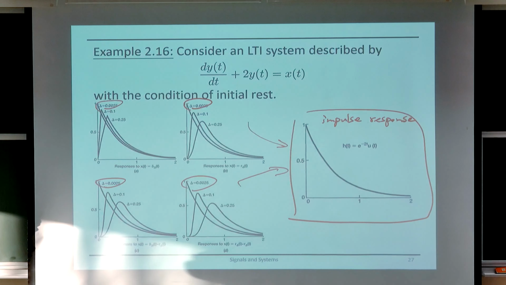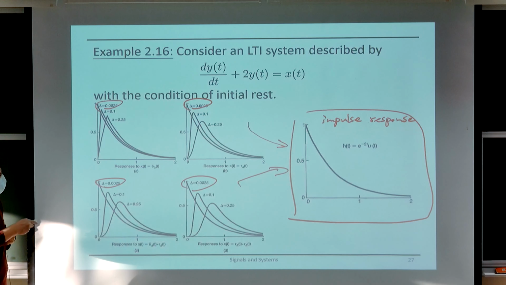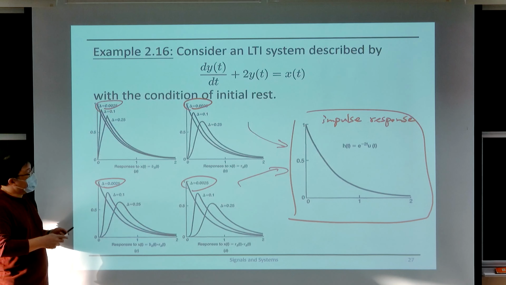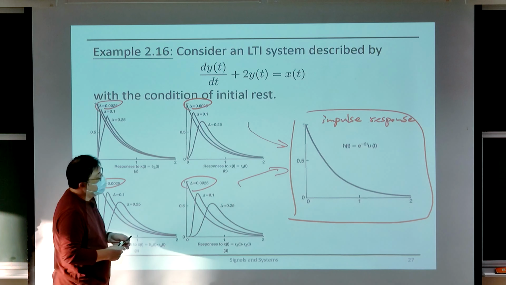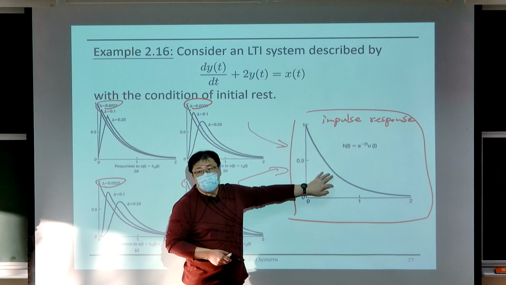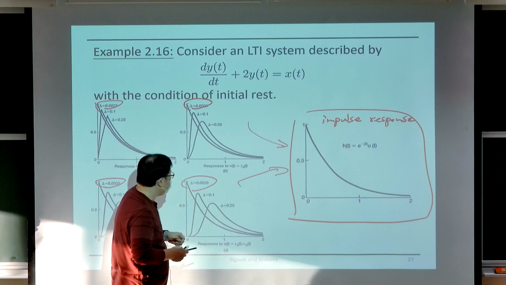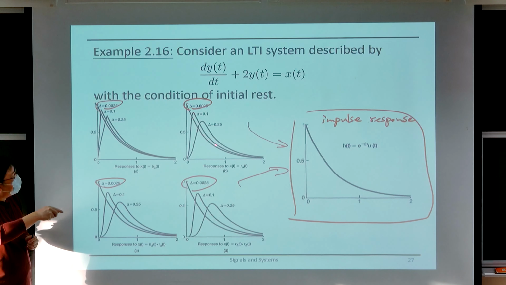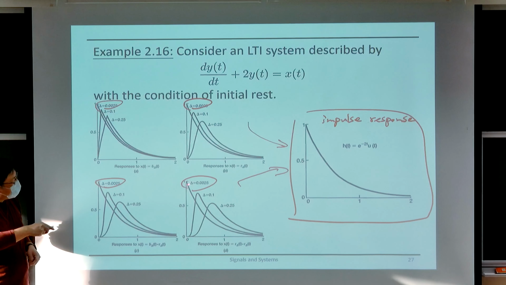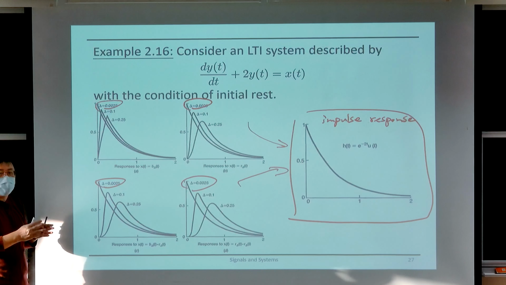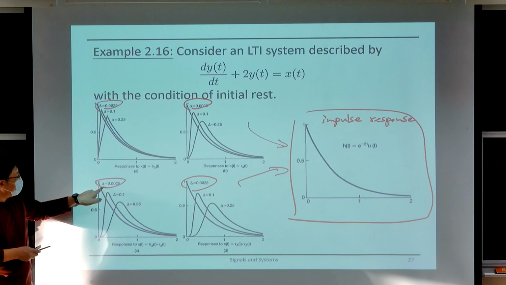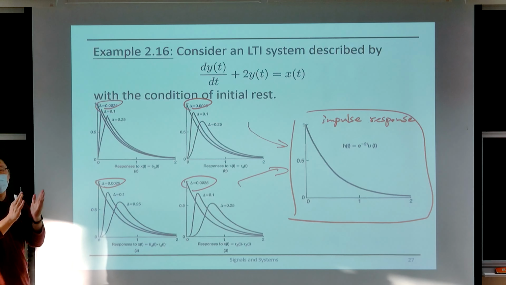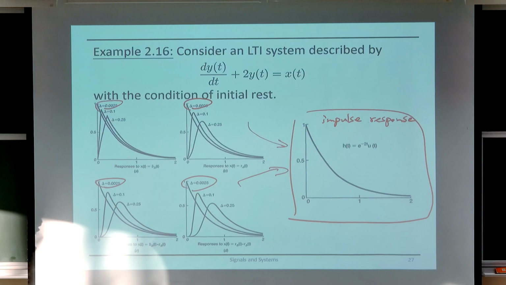These are responses to differently shaped short pulses. You can see that the response that you get from the unit impulse well approximates the response to all these differently shaped short pulses, as long as this delta, the duration of the pulses, is short enough.